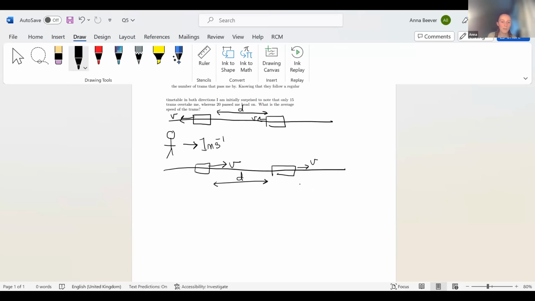So I thought, okay, 15 overtake. So that's 1 every 4 minutes. And then 20 pass head on. So that's 1 every 3 minutes.